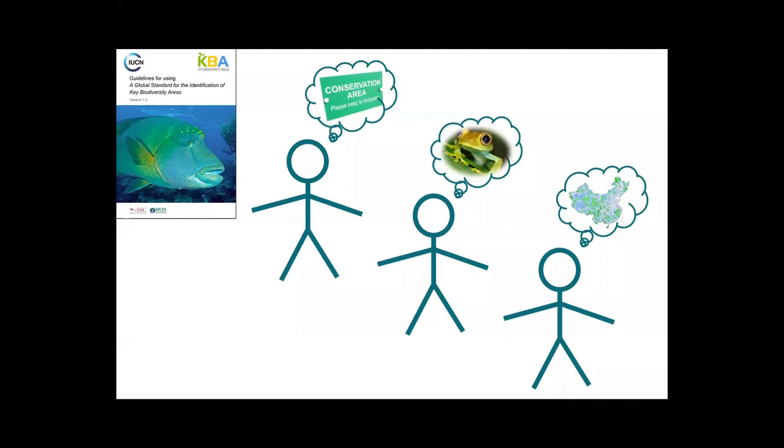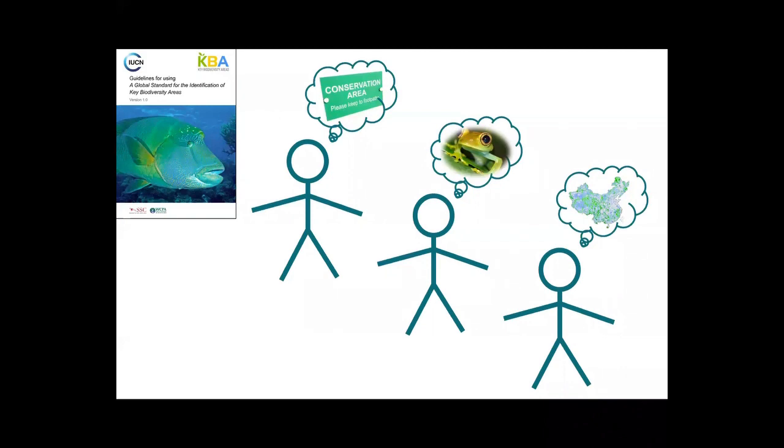In other cases, we may have individuals or groups that are interested in a particular species or maybe a whole taxonomic group. So they want to know within a country, for example, which sites would qualify as key biodiversity areas for that species or taxonomic group. And then others, especially the national coordination groups, will be interested in looking more broadly at all biodiversity elements across all sites.